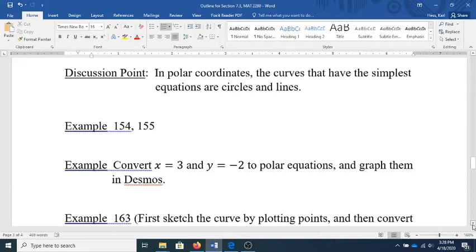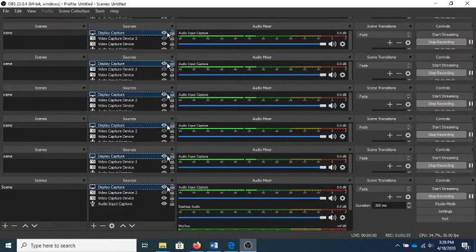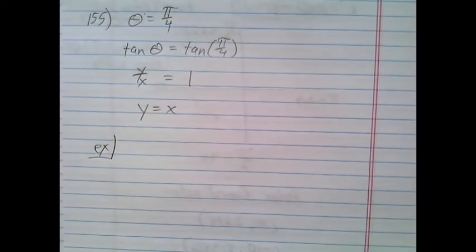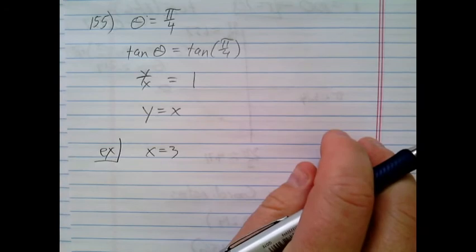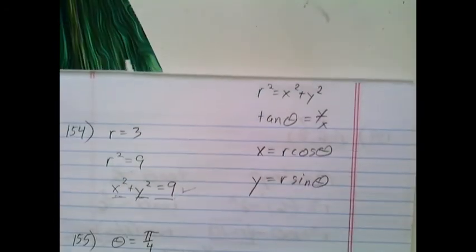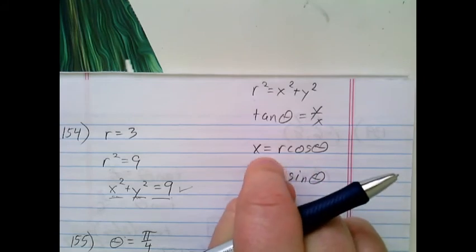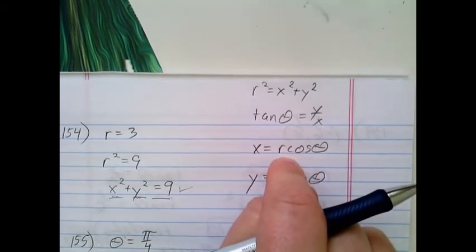So we'll start with x equals 3. Now again, I want to try to make use of these formulas. Here's a formula that has x, and now remember, my goal is to convert to polar form.